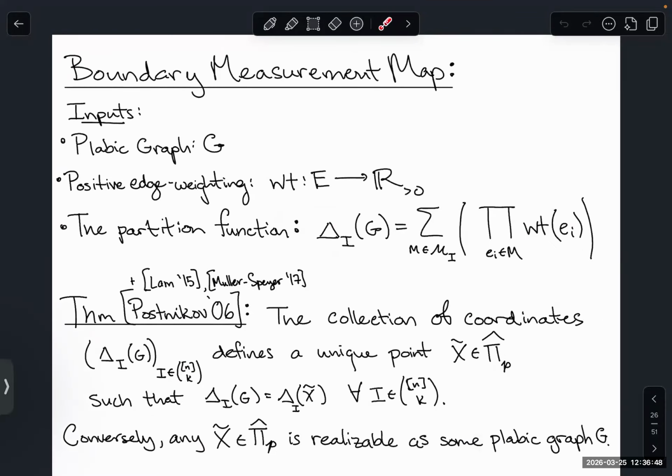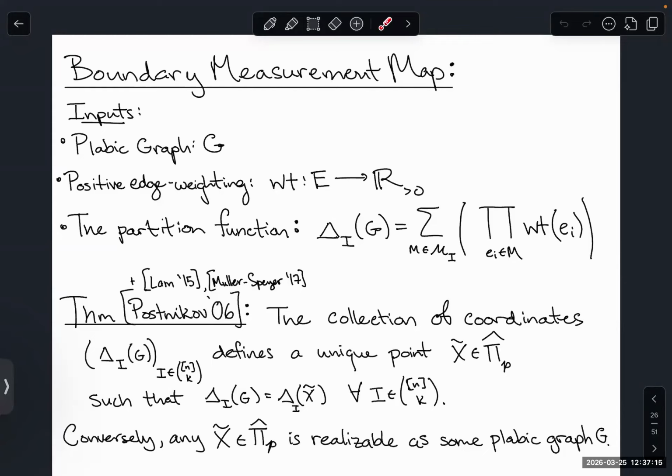So the way we can make that last bijection is through this boundary measurement map that Postnikov introduced. Our inputs are a plabic graph G, a positive edge weighting, and this partition function, which I'm suggestively calling delta I of G, which is our partition function on the set of all matchings with a fixed boundary I.